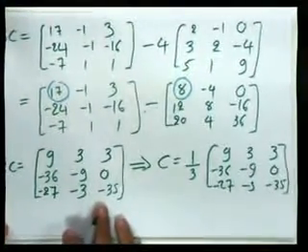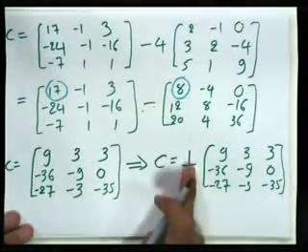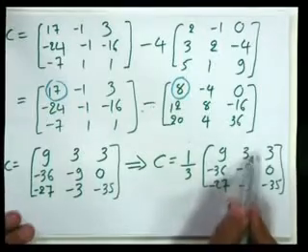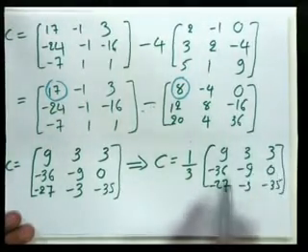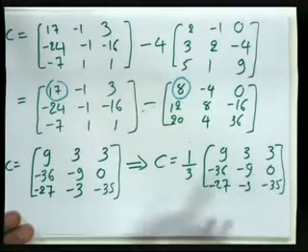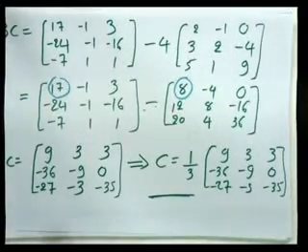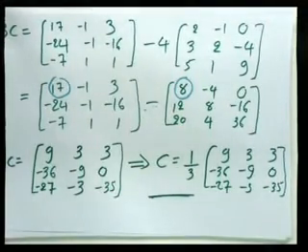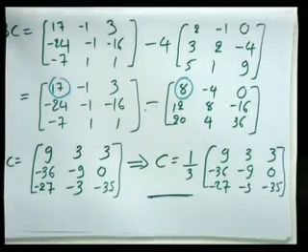So this is our final answer for C. If we divide all the elements by 3, then we get 3, 1, 1, minus 12, minus 3, 0, minus 9, minus 1, and minus 35 by 3. So this is our final answer for C. In this way, using addition, subtraction and scalar multiplication, we can find the value of any matrix. This is the example which was asked in March 2009.